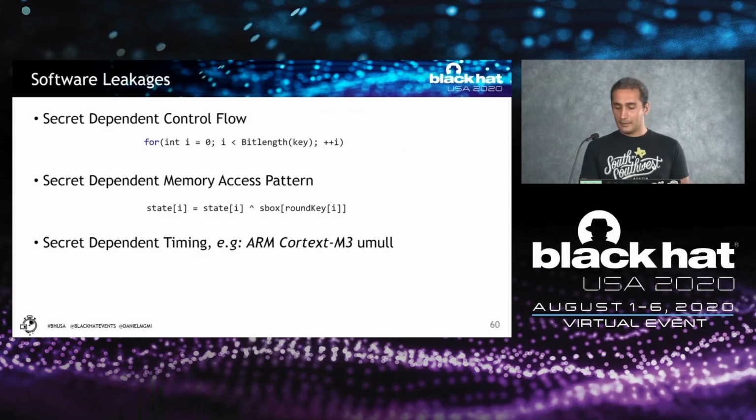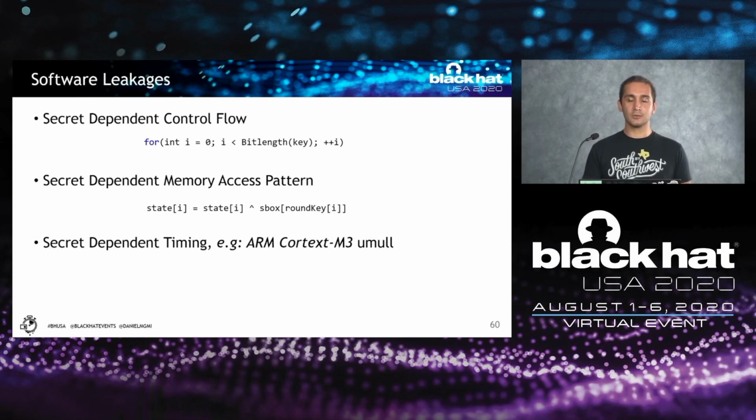And a while back, we were curious how we can find these leakages automatically instead of trying to attack every specific implementation on different platforms. And one thing we came up with is that all these software-related side channel leakages have some characteristics.